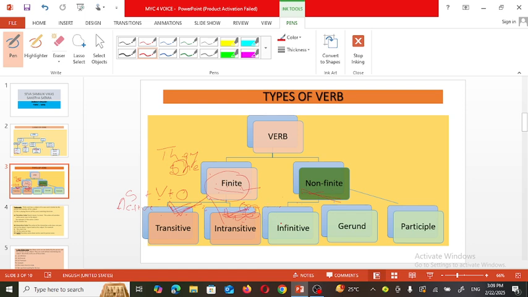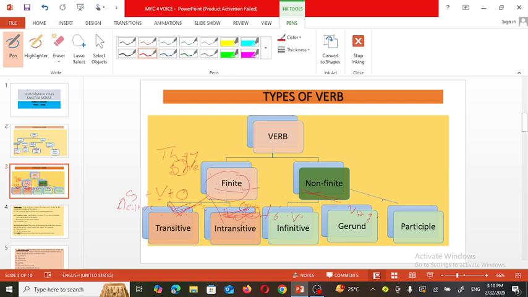Non-finite verbs can be classified into three categories. That is infinitive, meaning to plus verb. For example, to dance, to read, to write. Gerund means verb plus ing. For example, swimming is good exercise. So what is good exercise? Swimming.